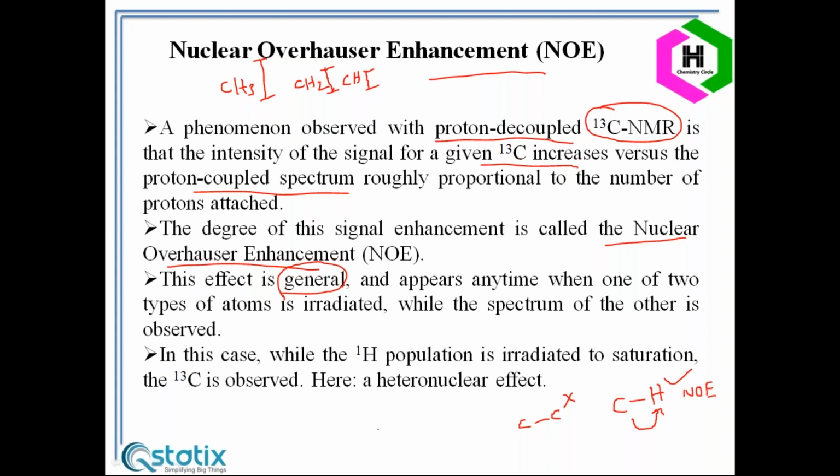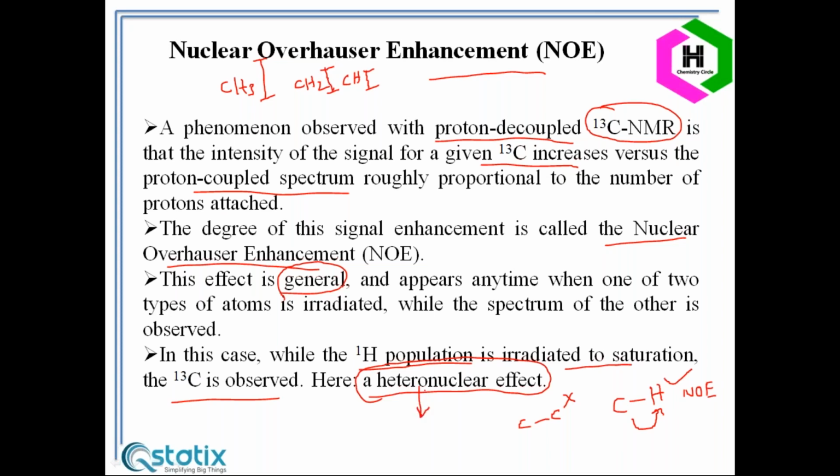In this case, we are in C13 NMR. The hydrogen population is irradiated to saturation and the C13 is observed. Hence, a heteronuclear effect is there. Heteronuclear means carbon and hydrogen are not similar nuclei; hydrogen is a different nucleus and carbon is different.